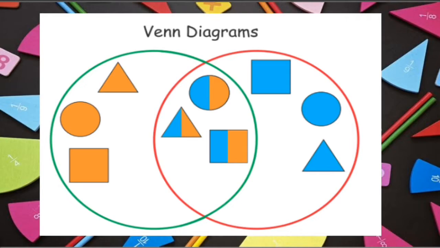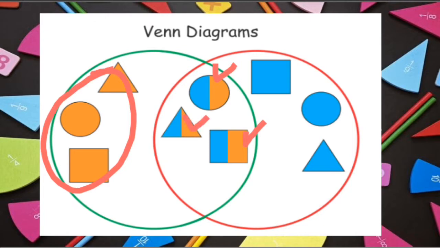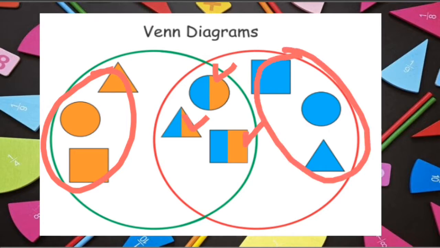The color, what? Orange is what? Common. You can see they all have orange, and these shapes at the middle here also have what? Orange as their part. Okay, same with what? The shapes on the red circle having blue colors, right? And you can see the shapes in between the red and the green circle also having blue colors on the other side.